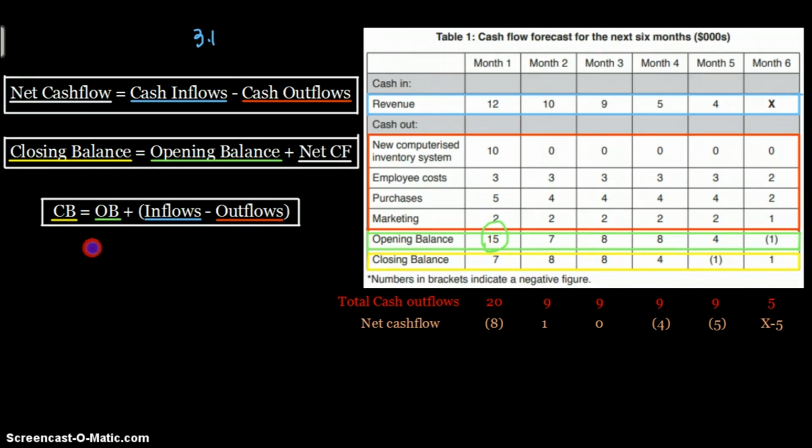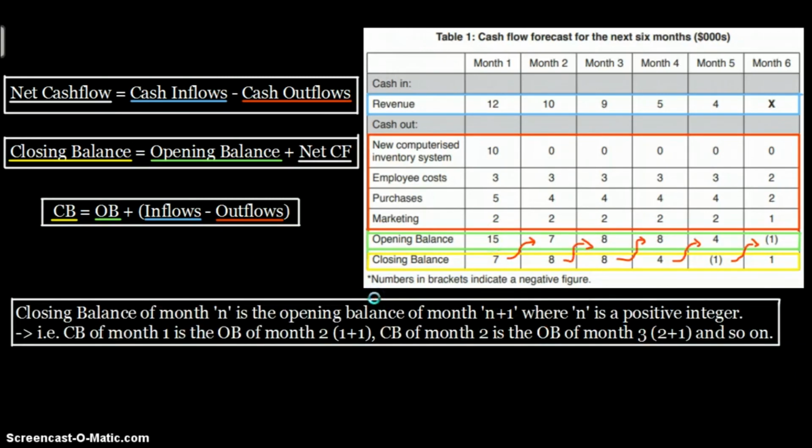Now let's talk about the relationship between closing balance and opening balance. Look over here, I've removed some information right now, so we don't need that. As you can see, the closing balance of month n, that is any month, is the opening balance of month n plus 1, where n is a positive integer. So month 1's closing balance, $7, is the opening balance of month 2. Month 2's closing balance is the opening balance of month 3.